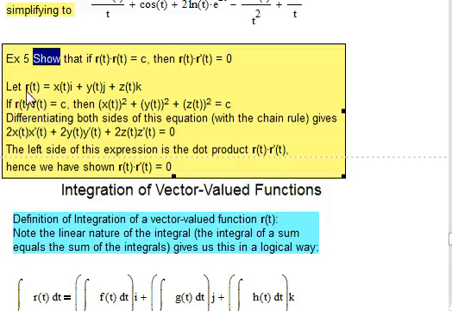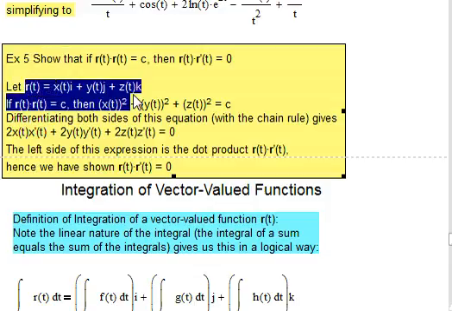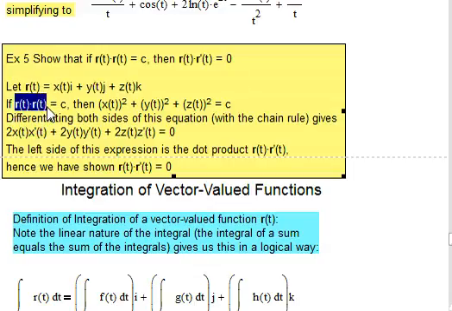All right, that's great. So if we let our vector valued function be x(t)i plus y(t)j plus z(t)k, then the dot product of that vector with itself equals a constant, which could be written another way: x(t) squared plus y(t) squared plus z(t) squared equals a constant.